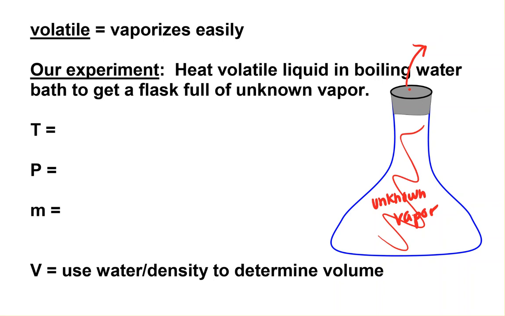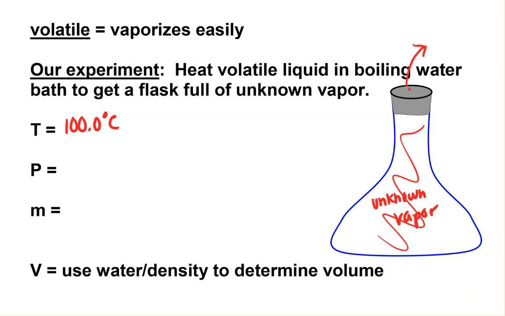So that this whole thing will just have the unknown vapor. After it's been dunked in there for 10 minutes, the temperature of our unknown vapor will be the temperature of boiling water, and we're going to call that 100.0 degrees C. And of course, you're going to convert that to Kelvin. And then the pressure of the gas in here is going to be the same as the pressure in the lab.